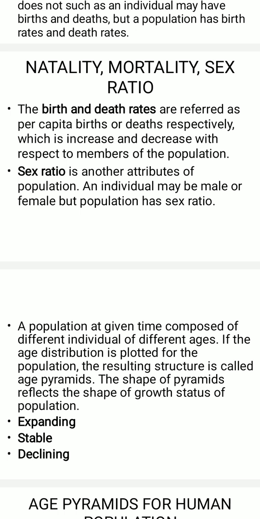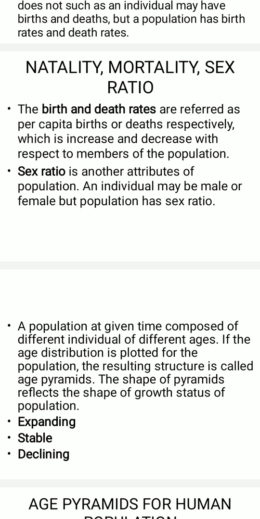If the age distribution is plotted for the population, the resulting structural representation is considered an age pyramid. Age distribution means the percent of individuals of a given age group.